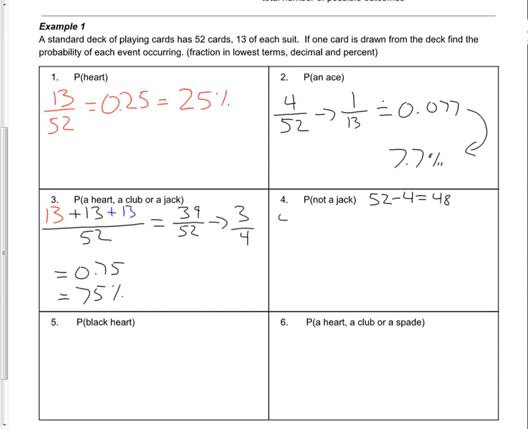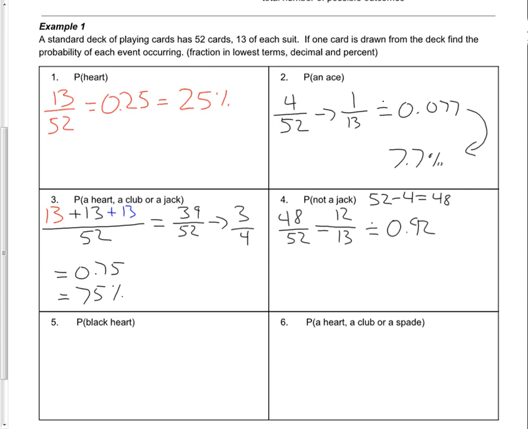So 48 out of 52 cards is not going to be a jack. Again, both of these numbers are divisible by 4. So 48 divided by 4 is 12, and 52 divided by 4 is 13. And so 12 divided by 13, if I want to convert this into a decimal, is approximately 0.92.